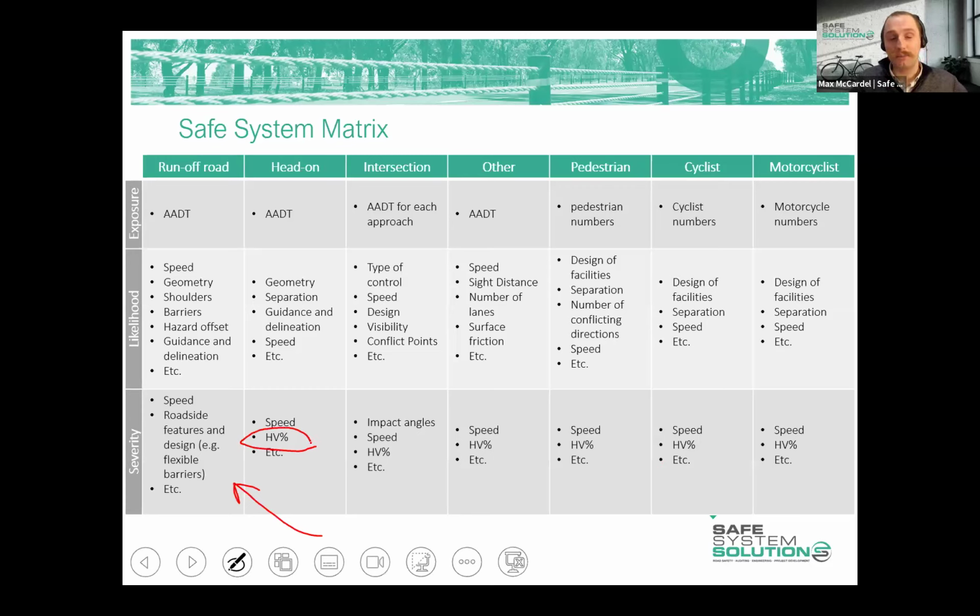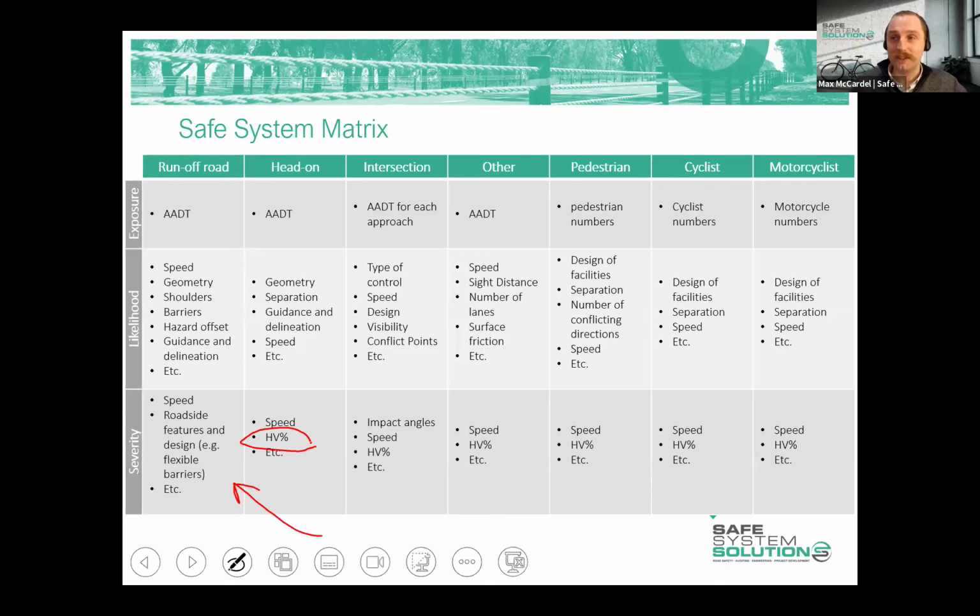If you've got a high proportion of heavy vehicles, then the score that you give for your severity could be increased compared to if there were no heavy vehicles or a very low number. So let's say you have a road that was 25% heavy vehicles, perhaps you bump up all your scores to take that into consideration.